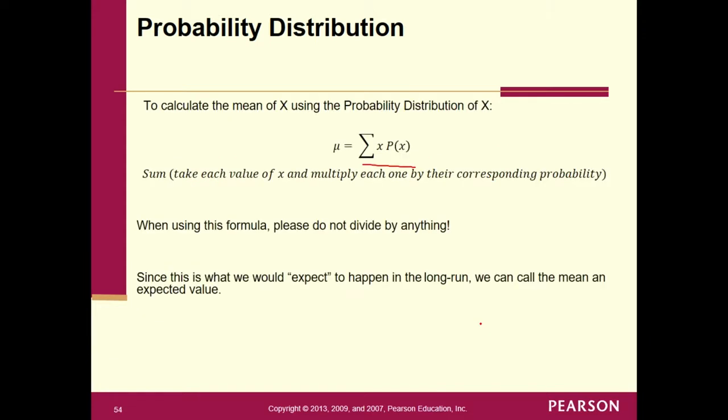Last thing, since this is what we would expect to happen in the long run, meaning if we did this experiment over and over again, let's go back to our 10 pieces of paper. We put them in the hat, drew out a number, and recorded it, and let's say it came out to be a 3. We threw the piece of paper back in the hat and did it again.